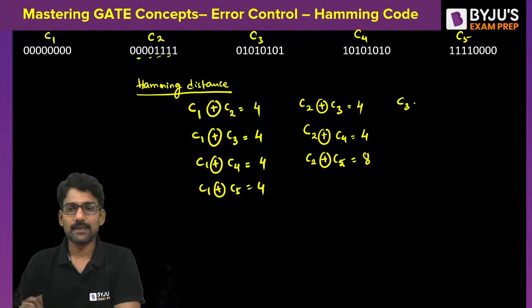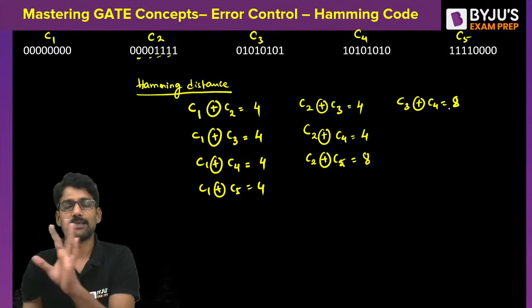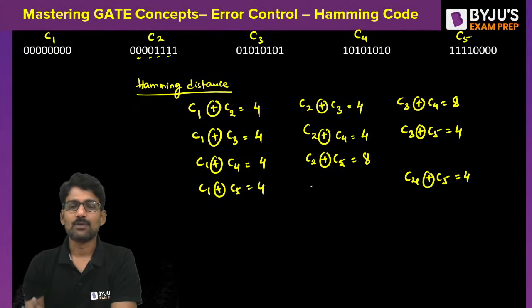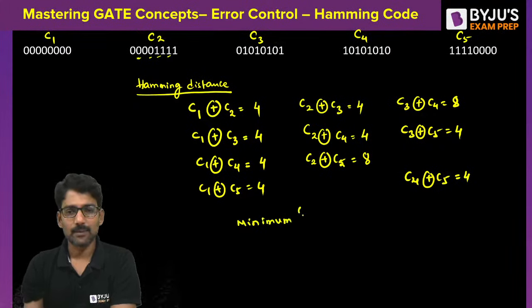Then C3 with C4, what is the Hamming distance between C3 and C4? 8, because that is again a complement. C3 and C5, 4. And finally C4 with C5, 4. So what is the minimum Hamming distance among 4 and 8? That is 4.